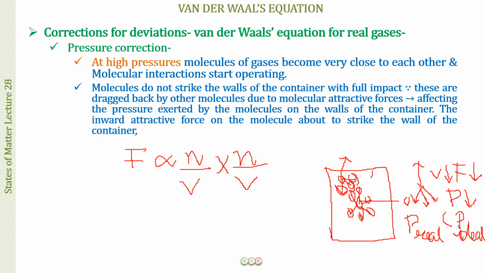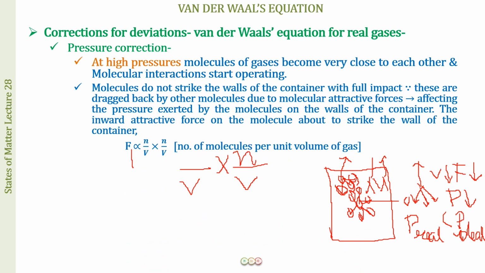More molecules are reaching the wall of the container and more molecules are being pulled back by the attractive forces, right? I hope this is clear why we have multiplied this 2 times. Just let me rub this out.